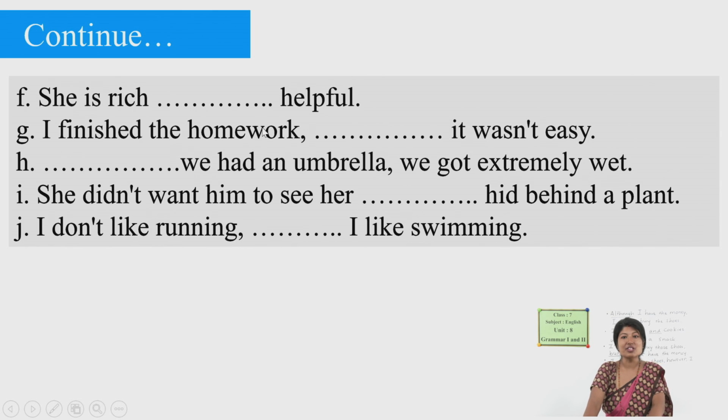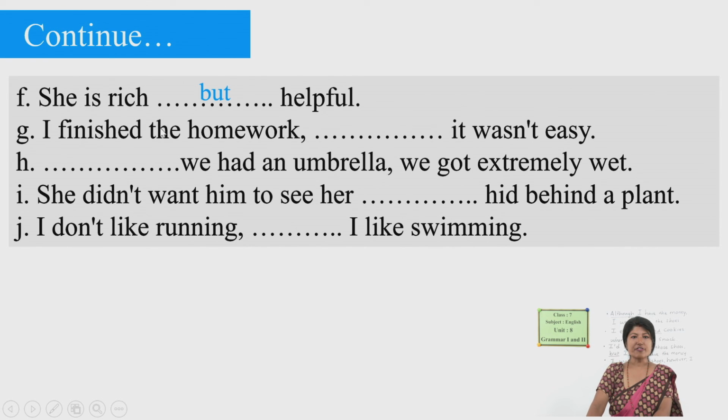What do you think? Which word goes over here? But. She's rich but helpful. Thinking that generally these people may not be helpful, but helpful. Rich but helpful. There are people who are rich and helpful too, right?